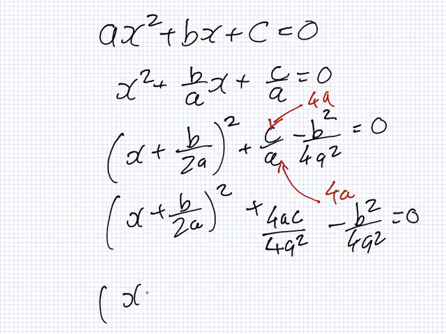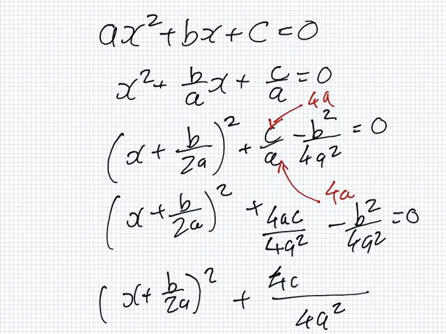Now, because the 4a squared is a common denominator, I can put it together like this: 4ac minus b squared over 4a squared equals 0. Now, what I'll do next is I'll take everything to the right.